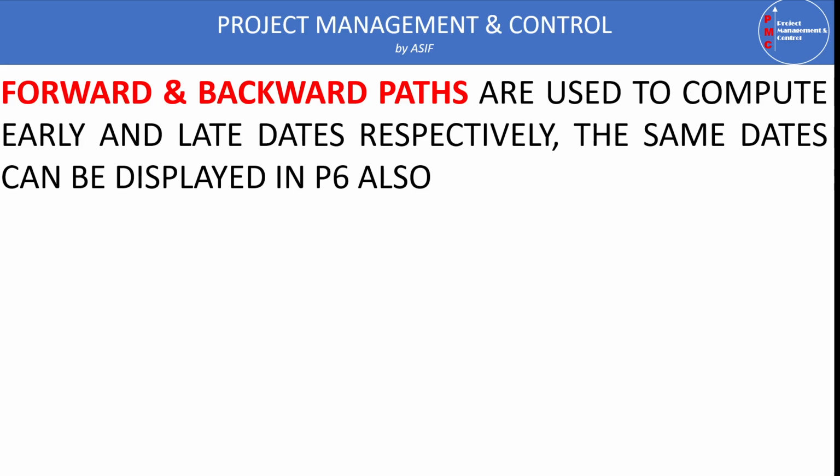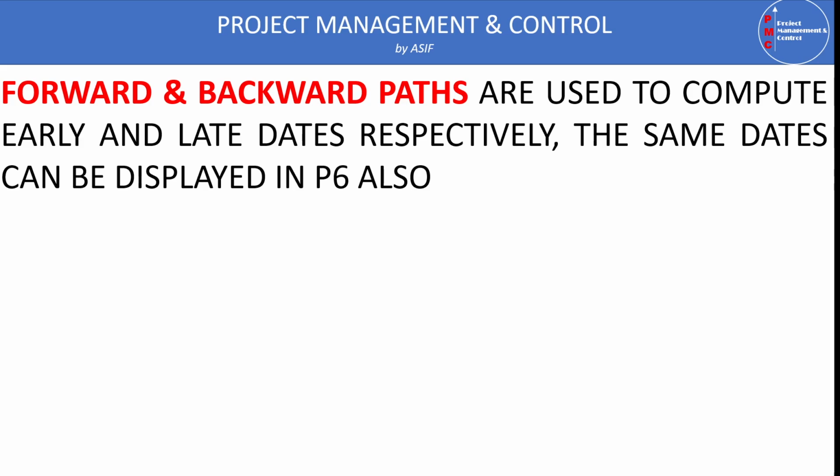Similarly, late start and late finish are the latest an activity can be started or finished. For example, if an activity has a late finish date of 10 January, and you start this activity on 11 January, the project or successor activity may be delayed. But instead of the 10th, you can start on 9 January or 8 January, before the late dates.